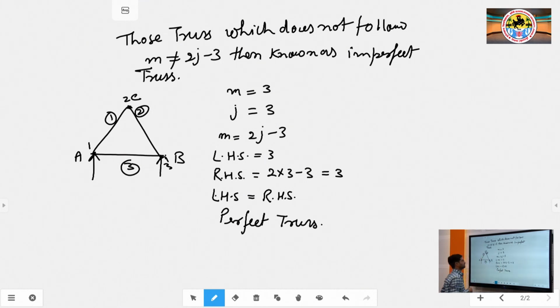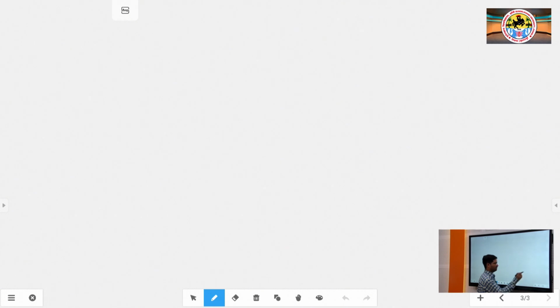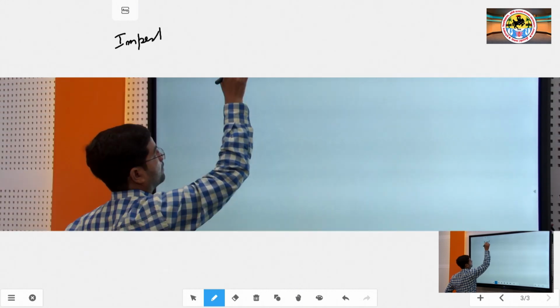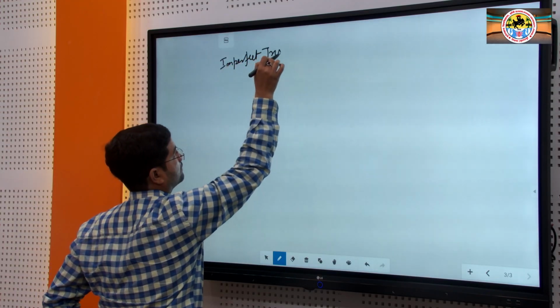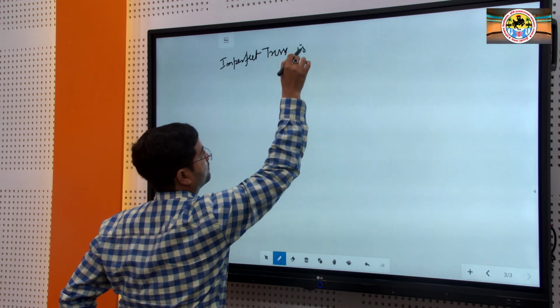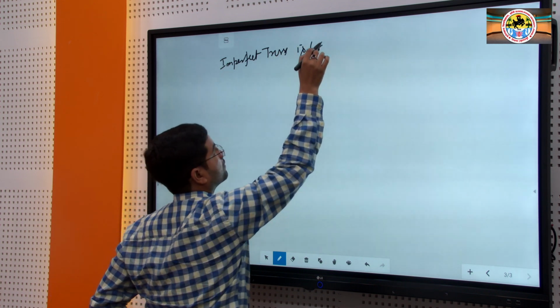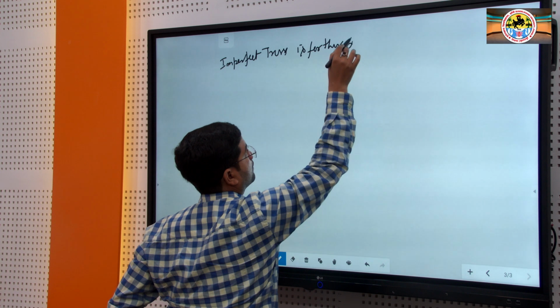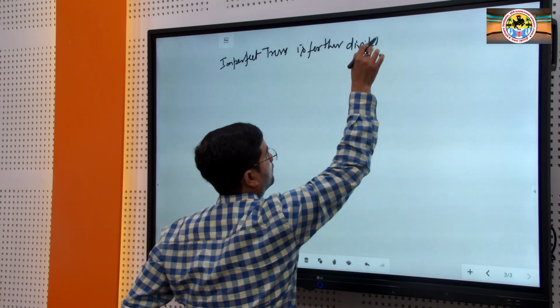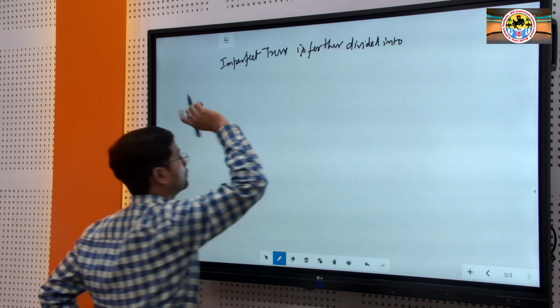If any truss does not follow this equation m equals 2j minus 3, then that truss is known as an imperfect truss. Now, the imperfect truss is further divided into two types.